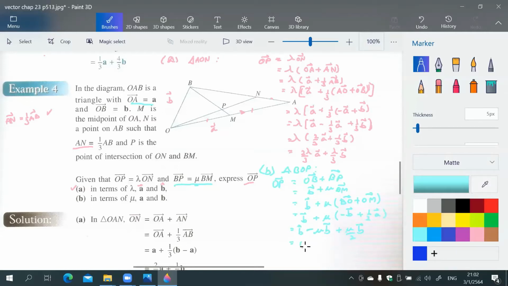So we're going to have 1 minus mu vector B plus mu over 2 vector A. So this is going to be the final answer for vector OP in terms of mu and vector A and B for question B.